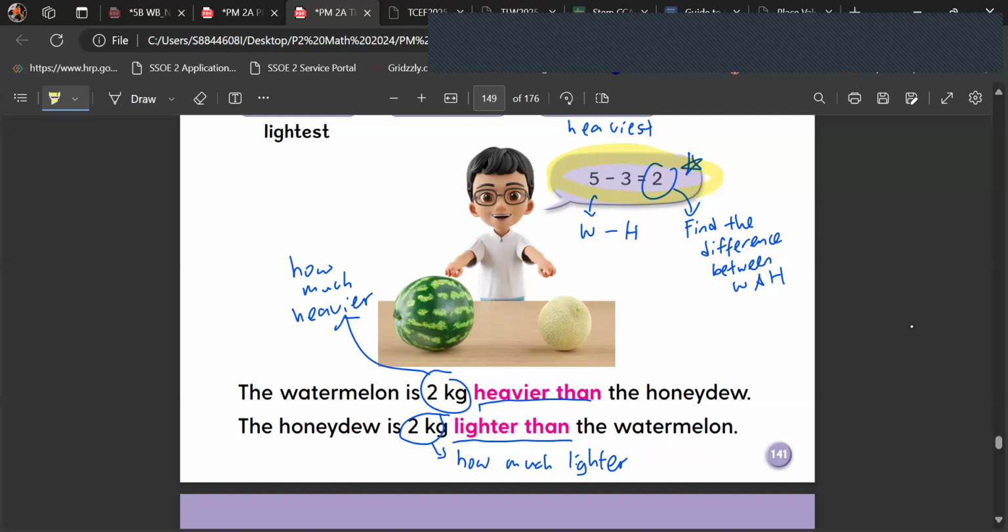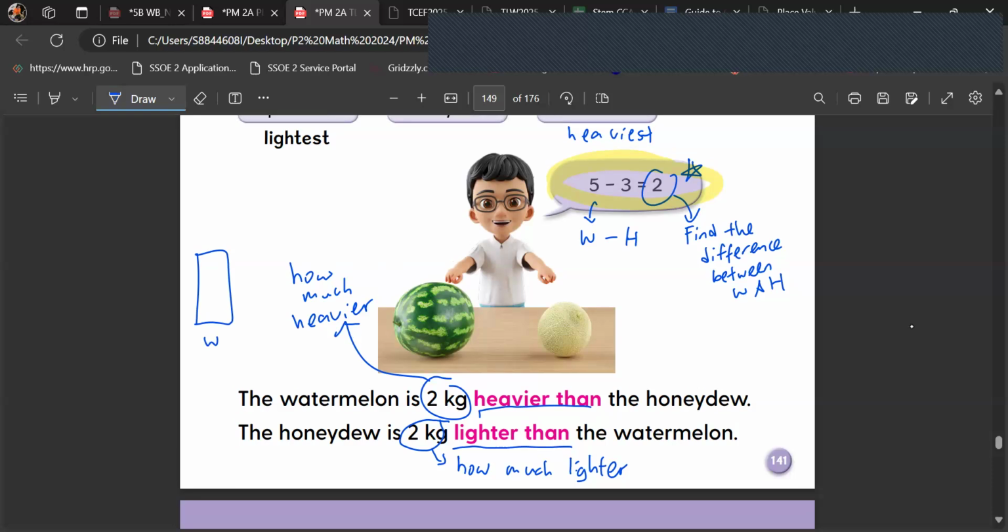Right? So you can think about it this way. The watermelon is a tall, heavy bar like this. This is the watermelon. And I can see 1, 2, 3, 4, and 5 kilograms.